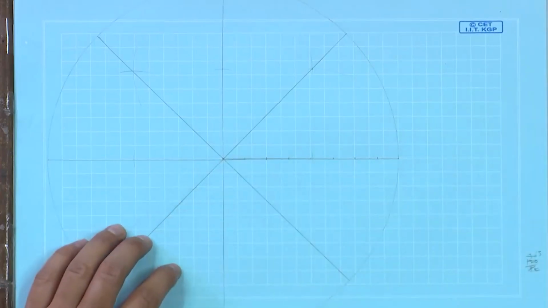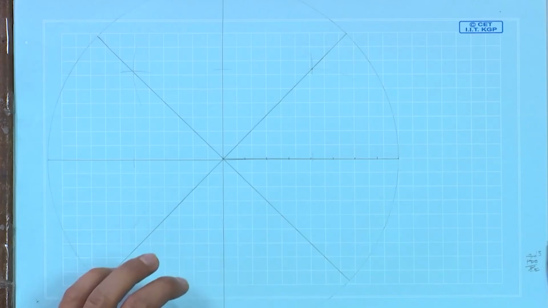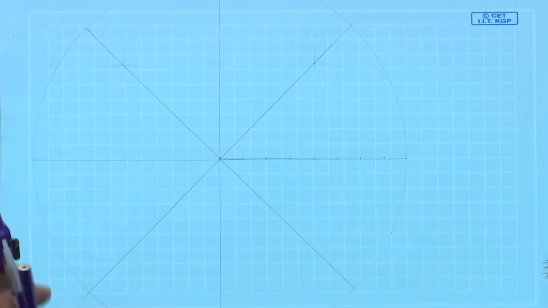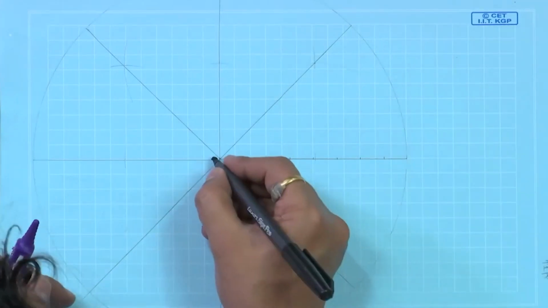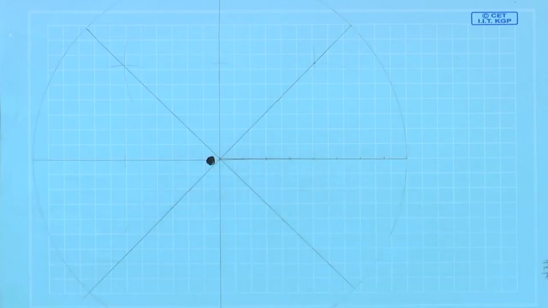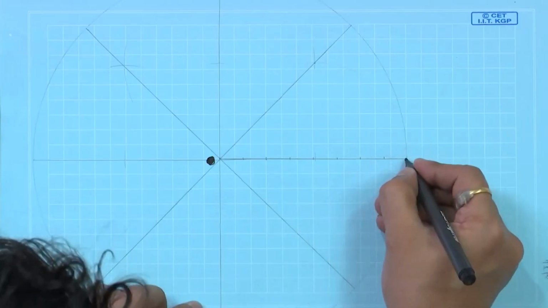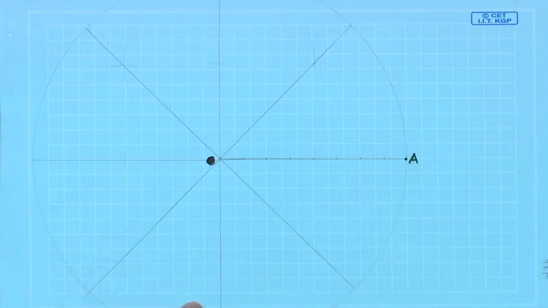This is the way we locate these points. Now, name these points as O and this point as A.